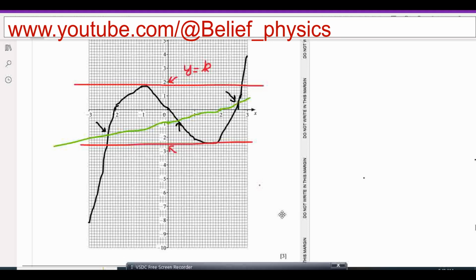Okay, so these are the points. Just draw with the help of a smooth line with the help of a ruler, and note the x points are the points where it cuts the graphs. That's it.